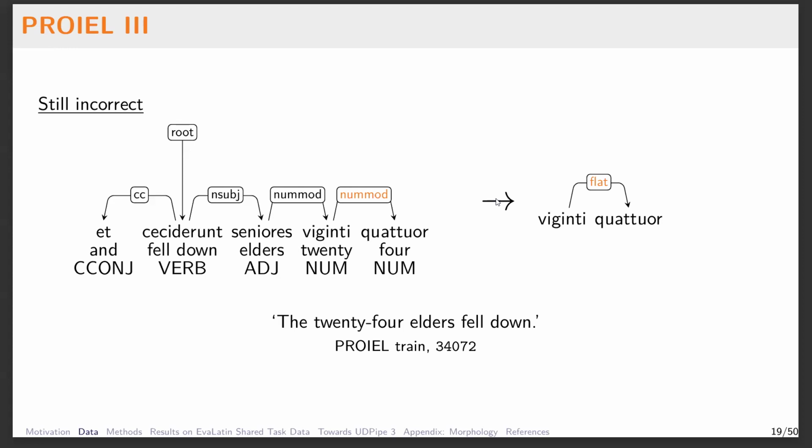And then the whole thing modifies as nummod, whatever it is modifying. That doesn't happen. So we still have some problems in the original Broil. Okay, so now the question is, in light of that, how much does Royal matter? We don't know. We will find out after the methods.